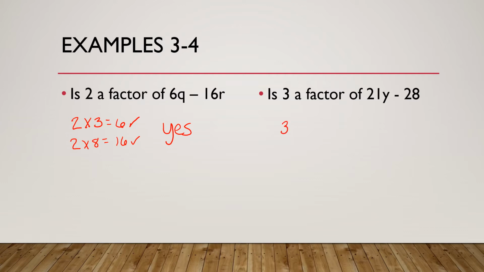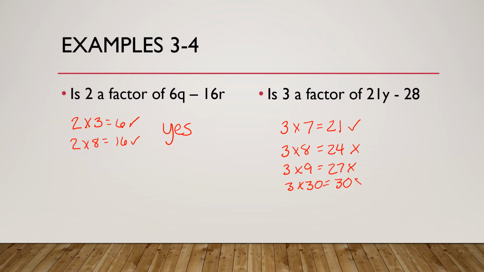So we know that 3 times 7 is 21, so it is a factor of 21. But 3 times 8 would be 24, which is not 28. And 3 times 9 would be 27, still not 28, and 3 times 10 will be 30. So no, there's no way of getting 3 to go into 28 evenly. So this one is no.